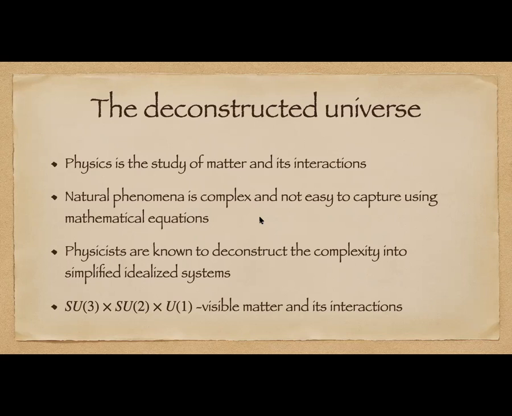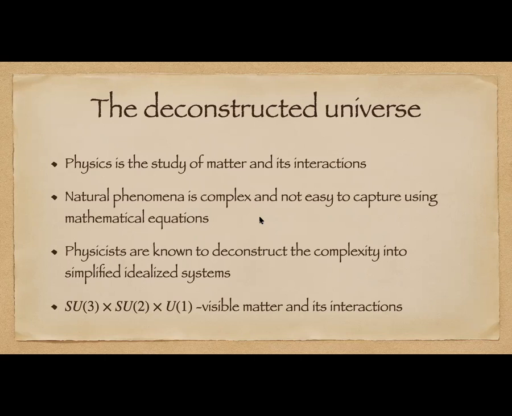Now, stated like that, without the mathematical description of the structure of these Lie groups, it really doesn't make sense. To a person who wants to understand nature, SU3 cross SU2 cross U1 has nothing to do with the snow on the tree outside. But it turns out that that is what nature is.